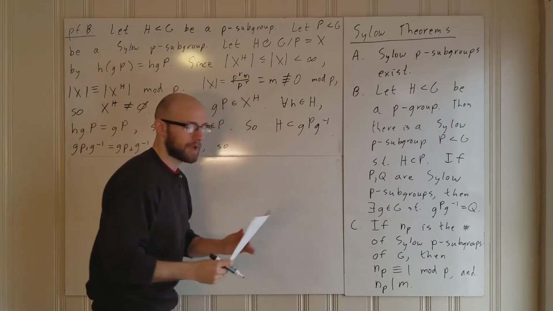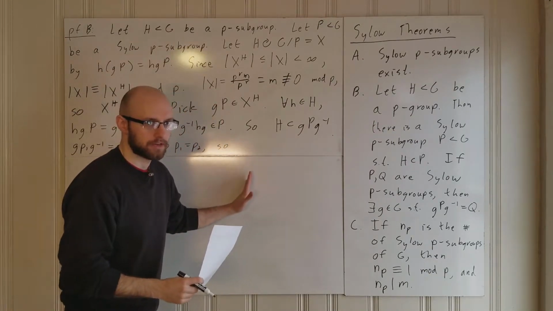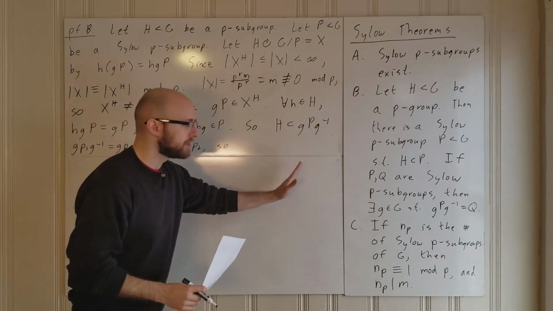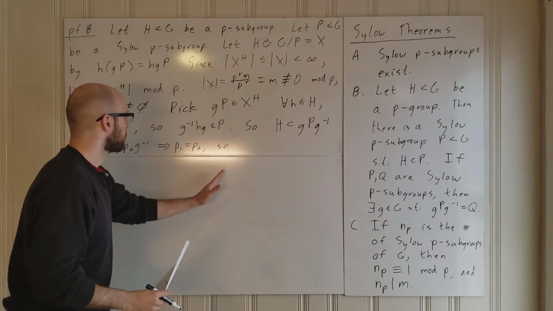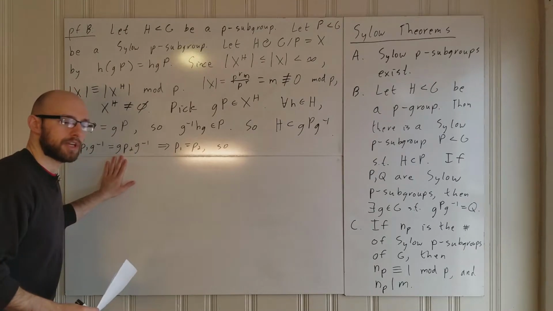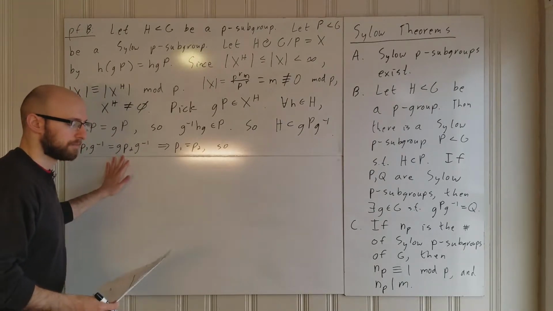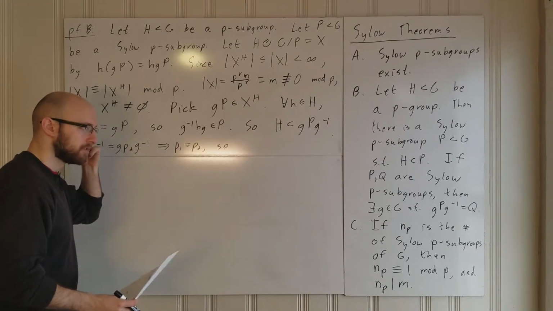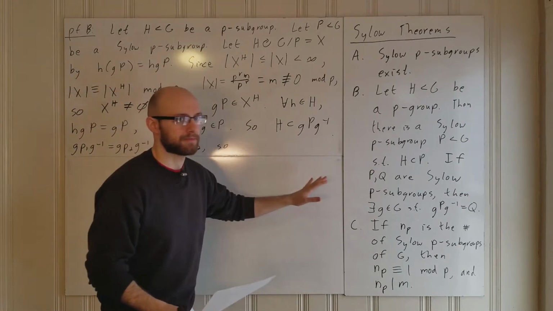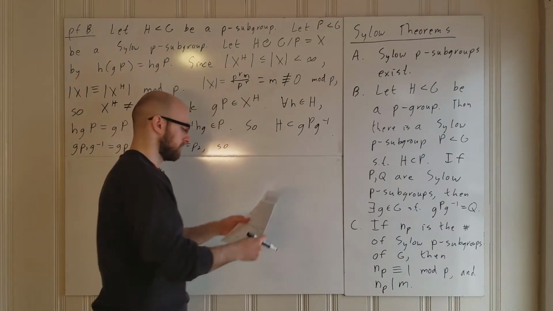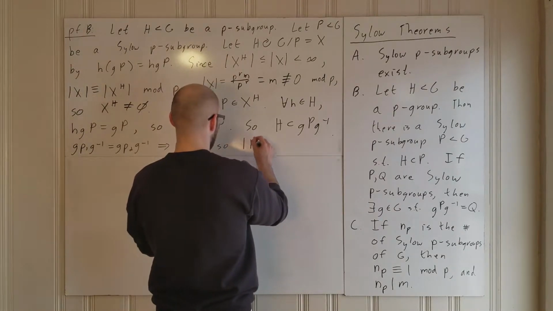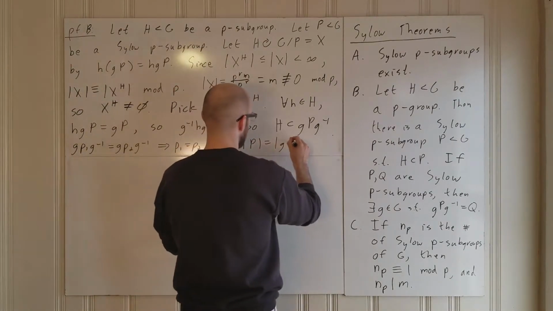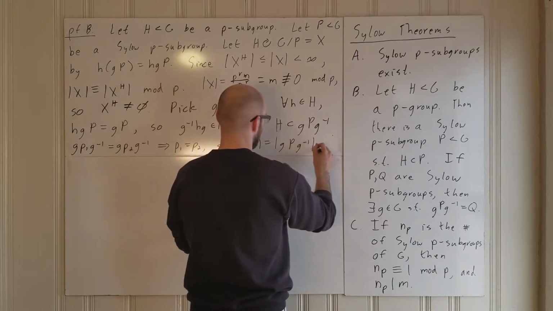So if you consider the map that sends an element little p of capital P to g little p g inverse, this shows us that it's an injective map, and so certainly every element is mapped somewhere, and so the size of P is equal to the size of gPg inverse.